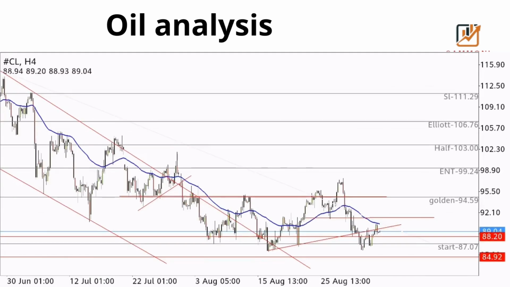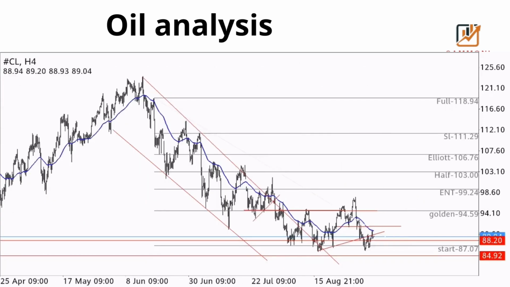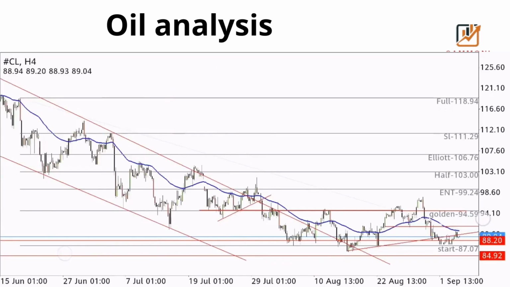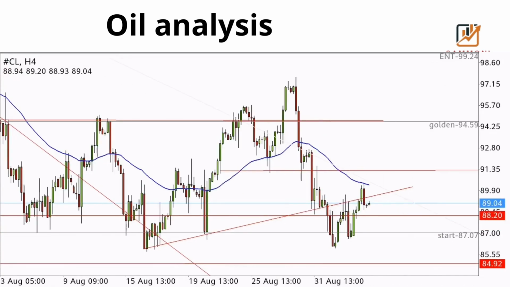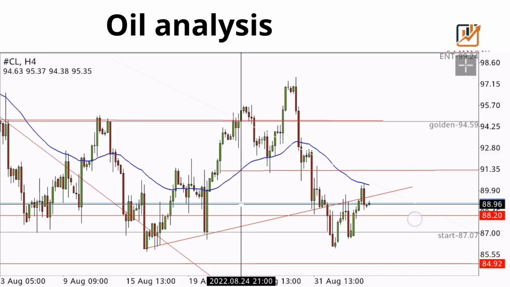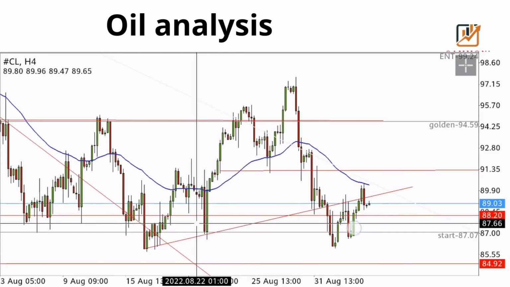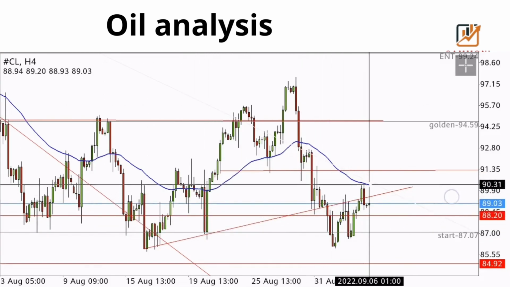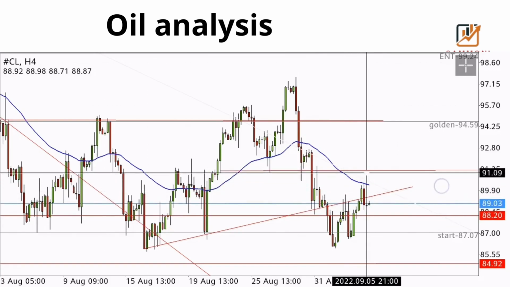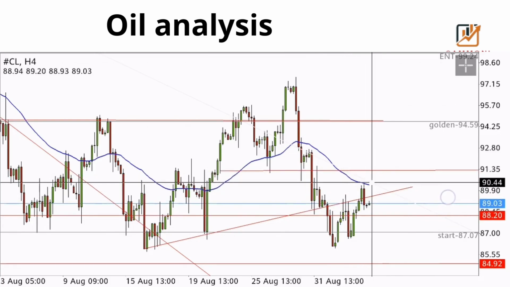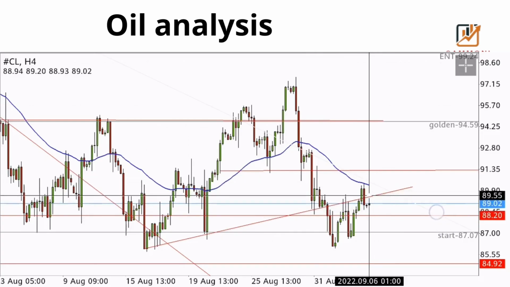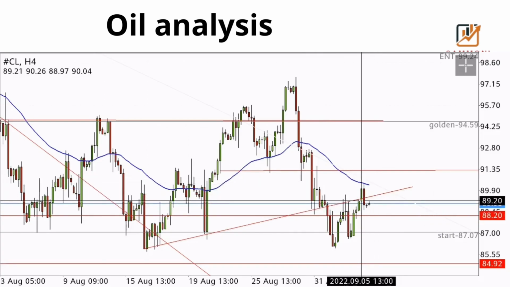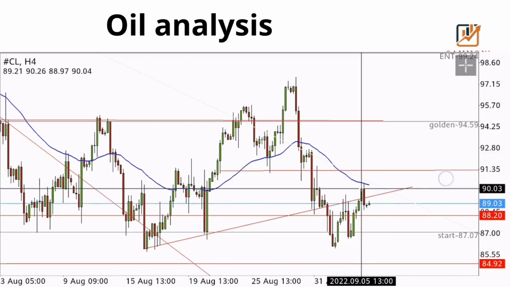Buyers are hungry in the crude oil market for long-term profit, as the crude oil market did not show any strong move. But overall, if you look at the H4 chart, this is the trend line, and the market is still hovering below that area, and EMA 50 is continuously pushing the price in the selling direction, and the market cannot show any confirmation candle above that area.